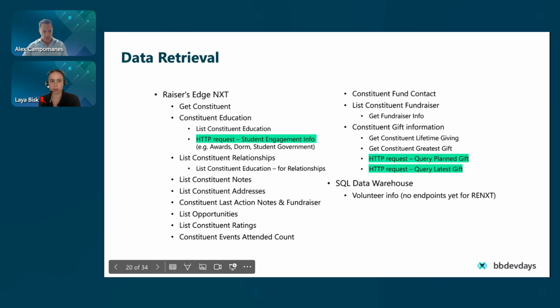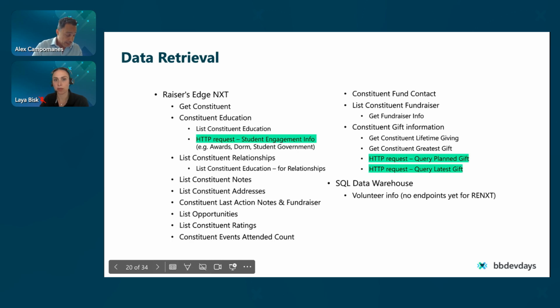Okay, so this is all of the data that's pulled for the note. If you take a look here, in some cases we've grouped them into the different areas. These are the actual API calls.